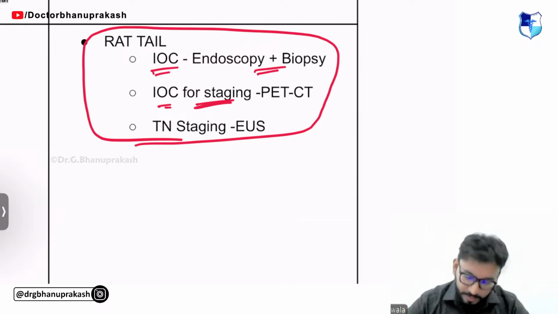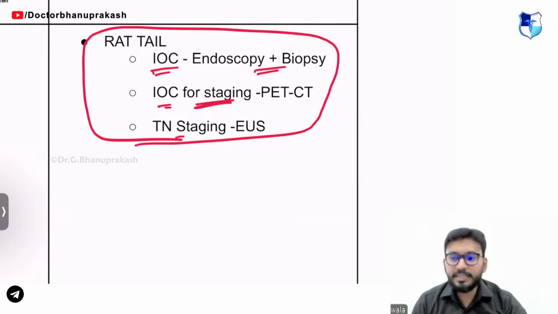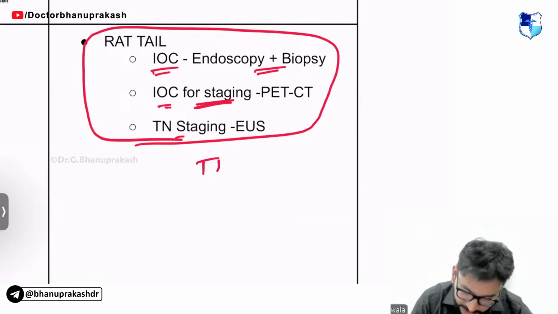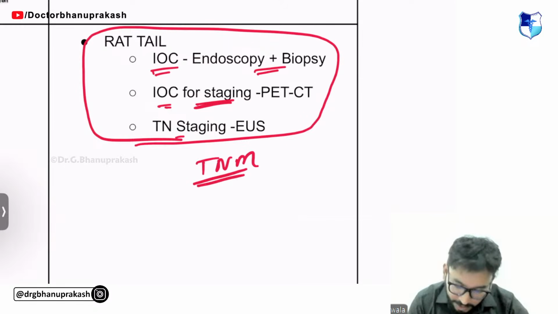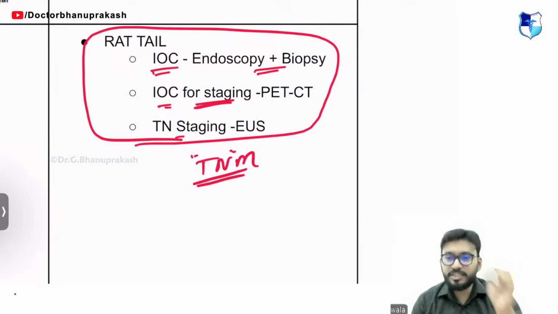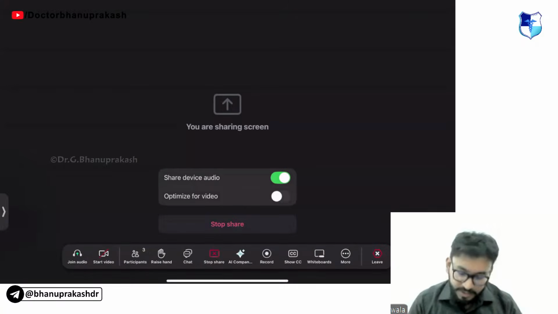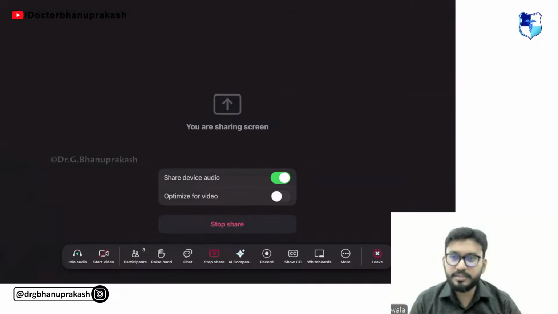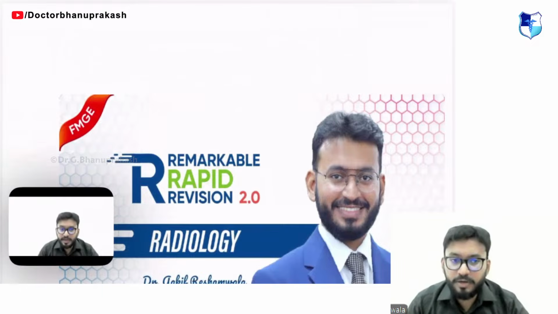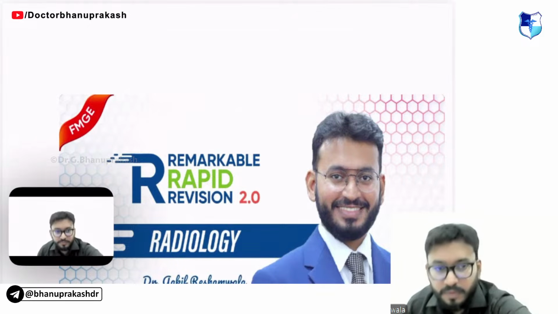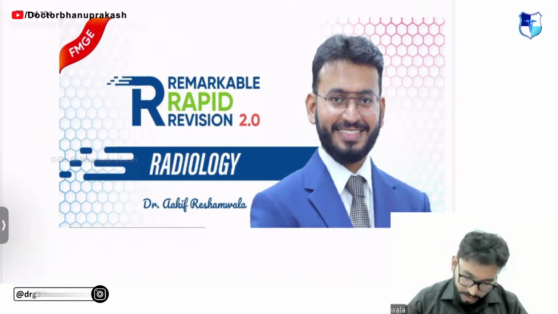Very briefly, we'll take T and N staging. We know the staging system is TNM: tumor, node and metastasis. The investigation of choice for staging the T and N part in an esophageal cancer is an endoscopic ultrasound.